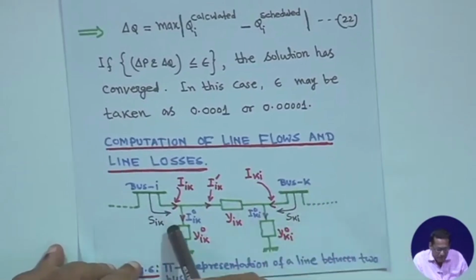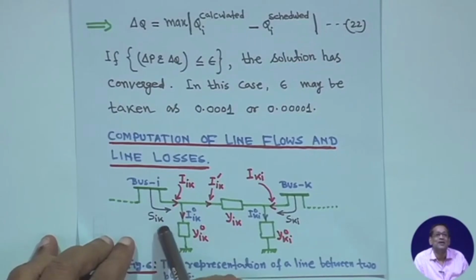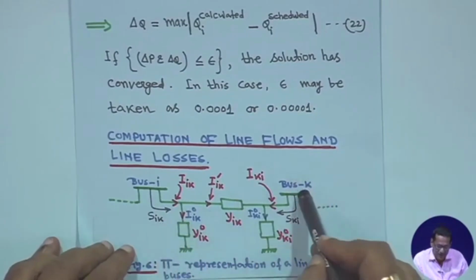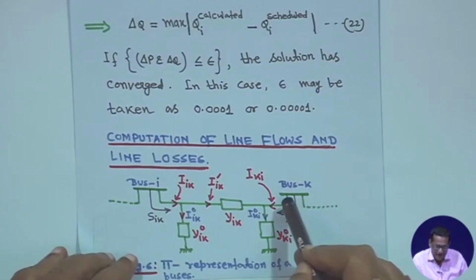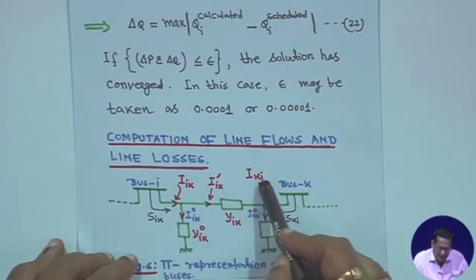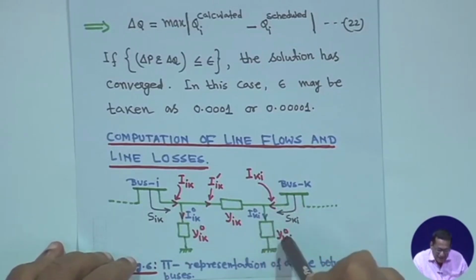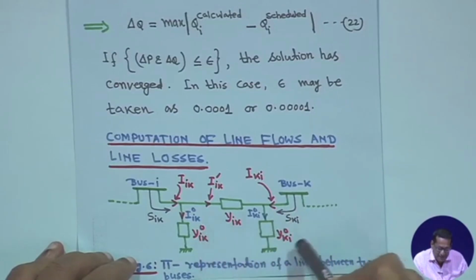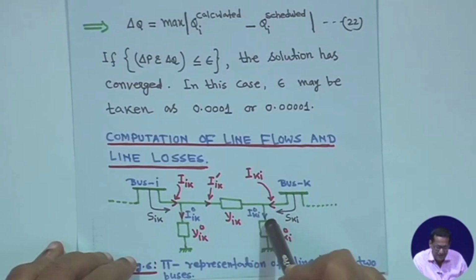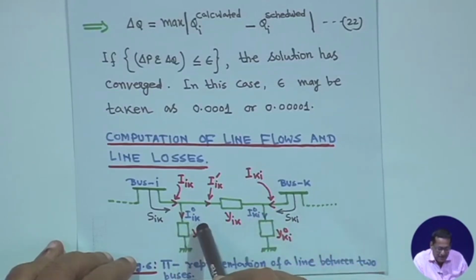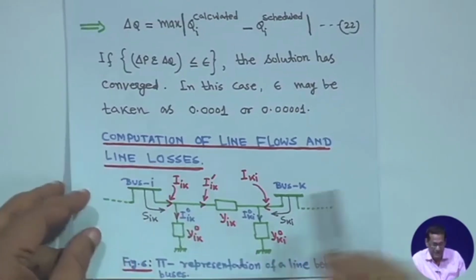Similarly, the power going this way we call S i k. For bus k, we make the power S k i, from k to i, and the current here is I k i. The charging admittance is y i k 0 and y k i 0, with the shunt currents I i k superscript 0 and I k i superscript 0.